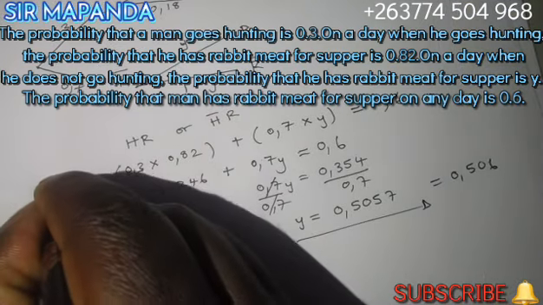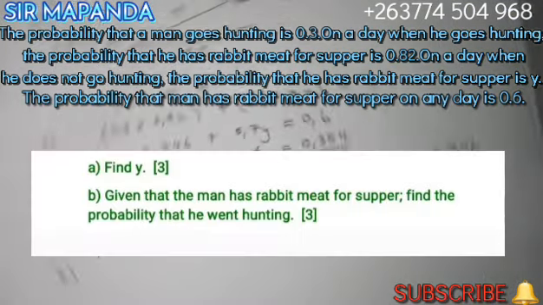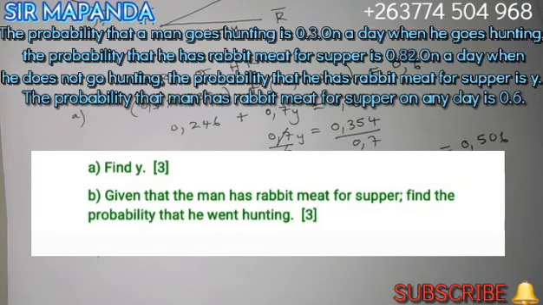Right, we now move on to part B of the question. Given that the man has rabbit meat for supper, find the probability that he went hunting. So this is now a conditional probability. Whenever you hear the word if or the word given that, you must understand that it is now conditional probability.